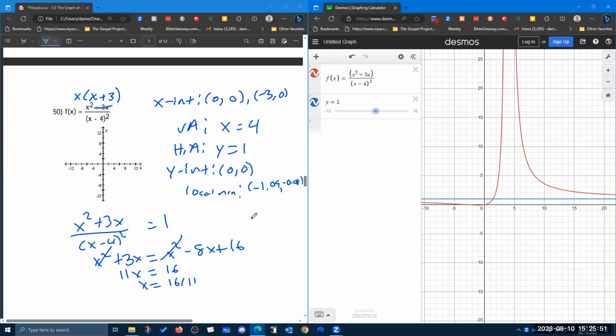There's lots of tools that are available to you to assist you with sketching these graphs. Only use what's going to be available to you during your test, so that you know what you can use, and practice the same way that you're going to be taking your test.